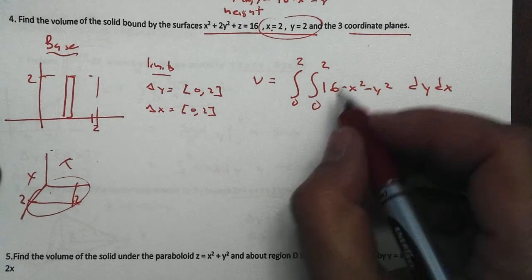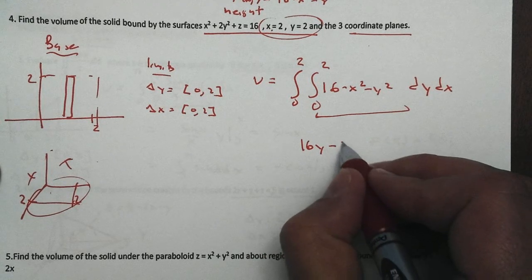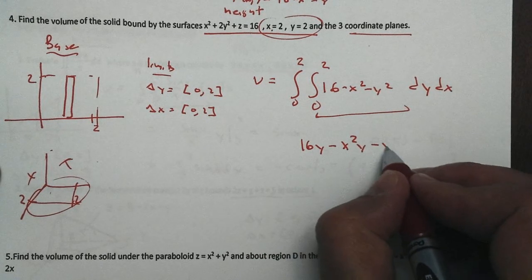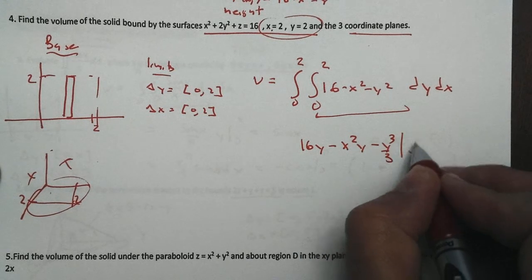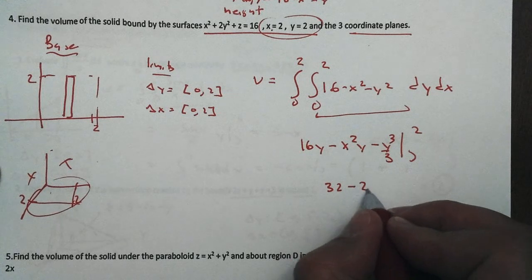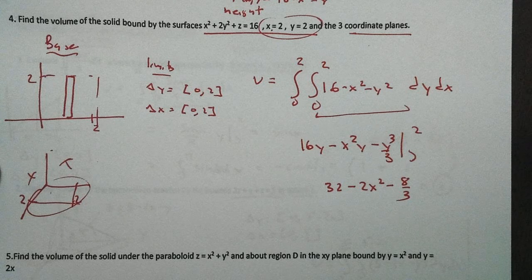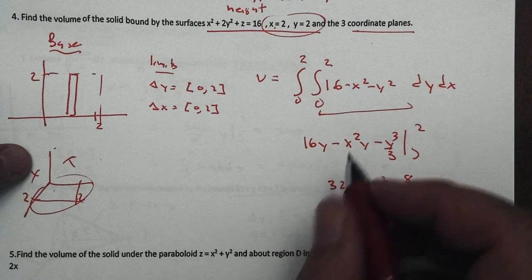When we integrate with respect to y, we're going to get 16y minus x squared y minus y cubed over 3 from 0 to 2. And of course that's just going to give us 32 minus 2x squared minus 8 thirds. Okay. Alright, so let's see here.